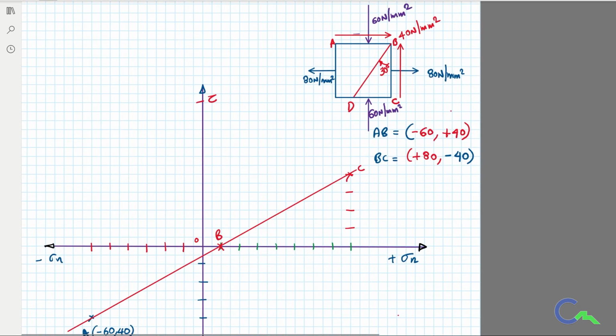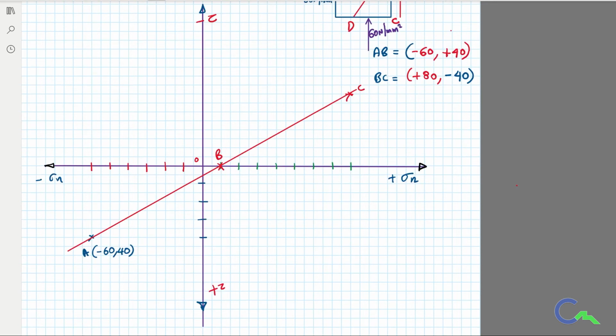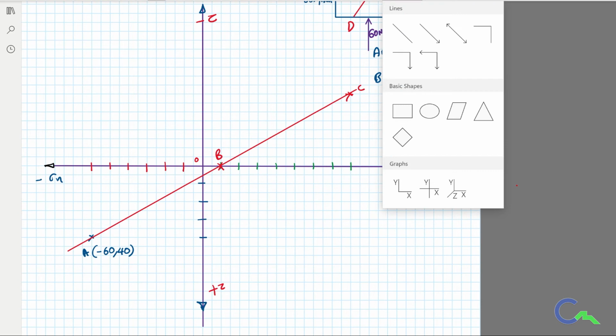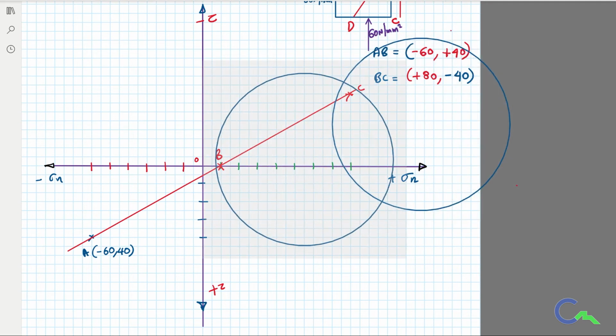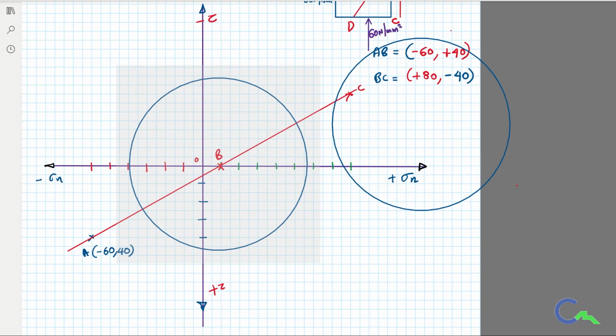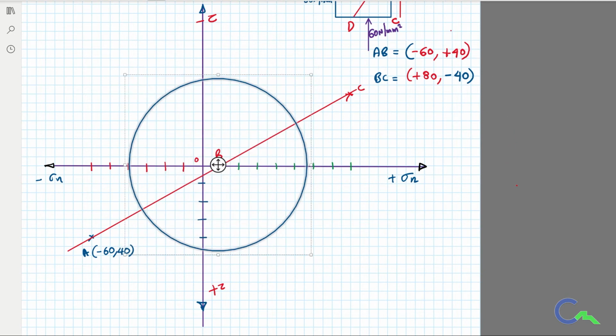So in the figure we have A, B and C. Same thing I drew in the Mohr circle. After joining these 2 points, I have to draw the Mohr circle. So using the circle option, I'm going to draw the Mohr circle. The center is point B. So this is my center.